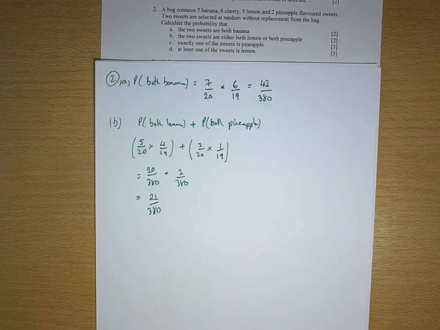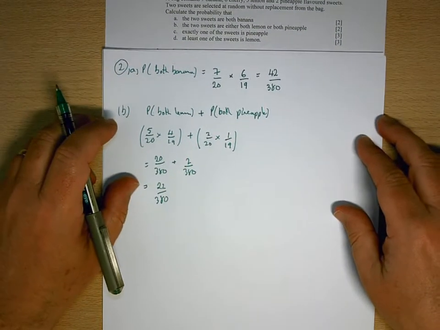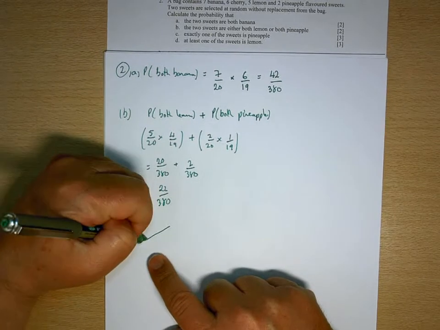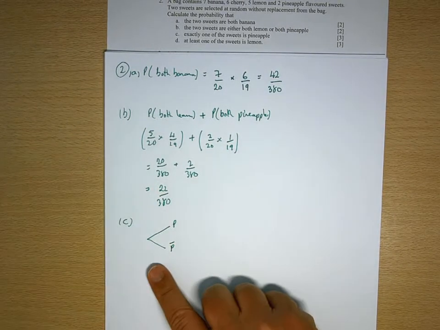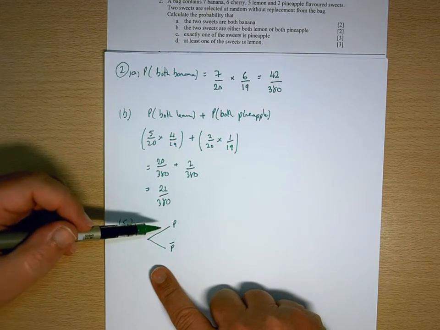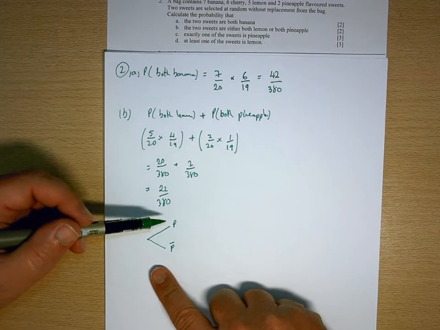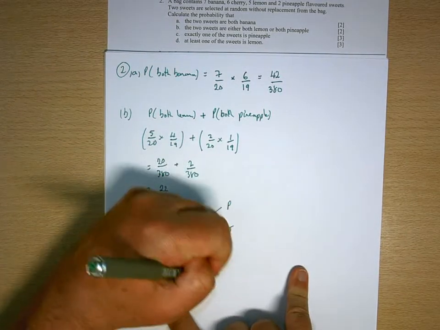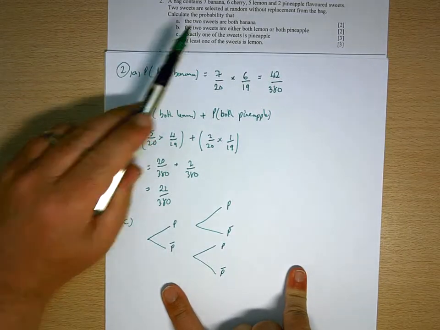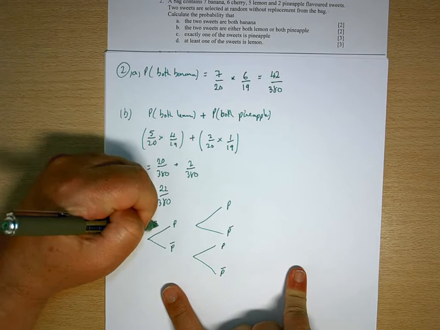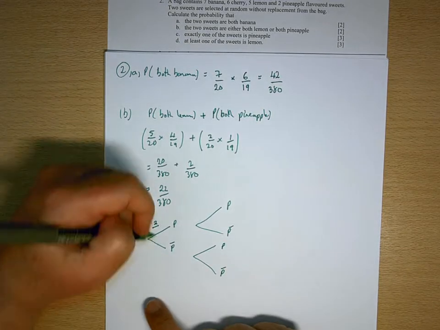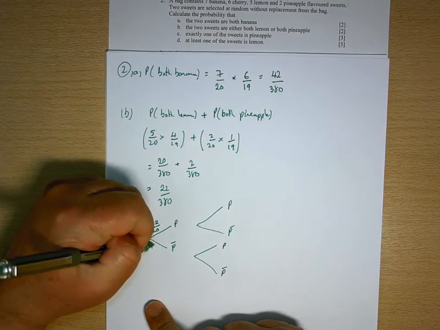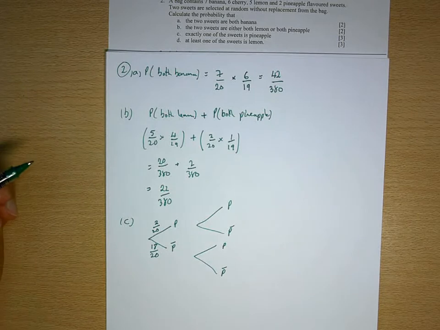Part C. Exactly one of the sweets is pineapple. So if we now go back like we did in the previous question, it doesn't matter what all the other sweets are, it's either a pineapple or it's not a pineapple. The chance of the first one being pineapple is 2 out of 20. So the chance of it not being pineapple is 18 out of 20.